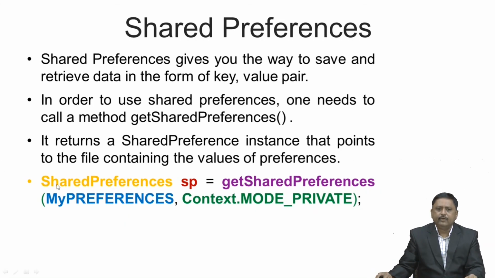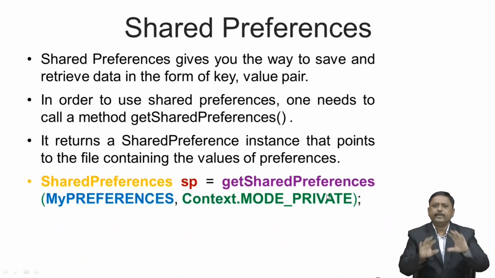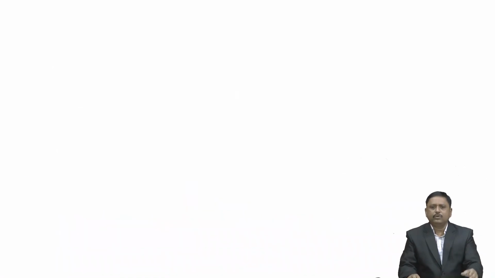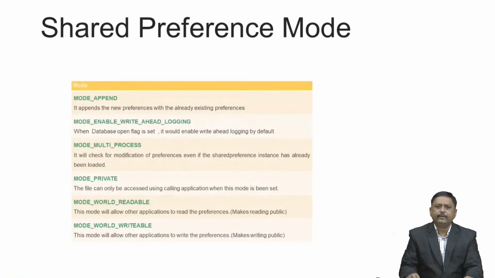Here I write a SharedPreferences object sp is equal to getSharedPreferences. Here you can see MyPreferences is the name of the file which actually stores our preferences, like a table name, and this is a mode. Here I write MODE_PRIVATE, meaning the preference is available only inside the app, but there are other modes also that you can see on the screen.